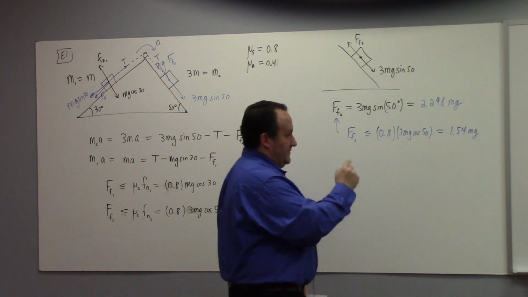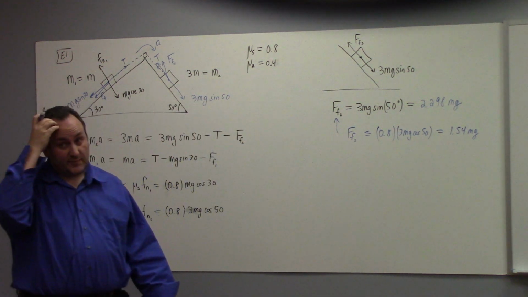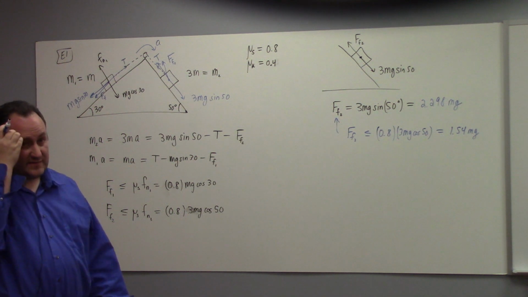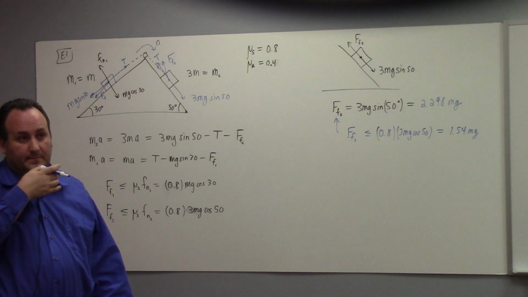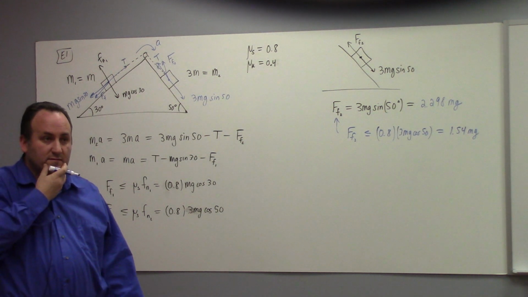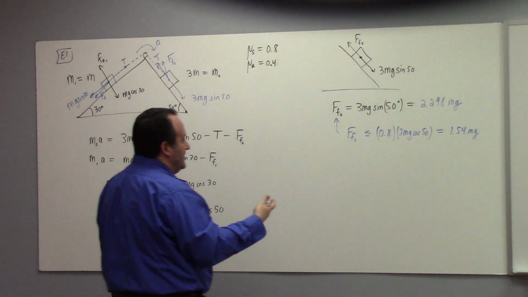Okay? So that's the maximum force of friction that's available for mass 2, and that means it's not going to stay put, right? In principle, it wouldn't stay put. But what could keep it from sliding? What would you need to keep it from sliding?